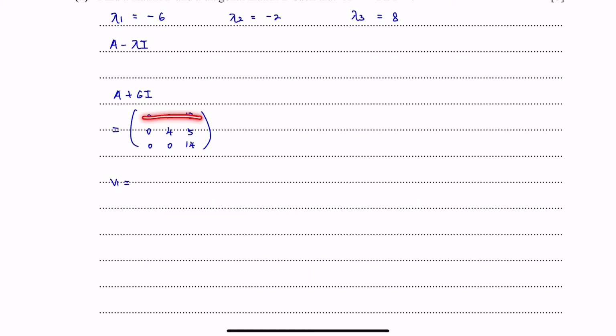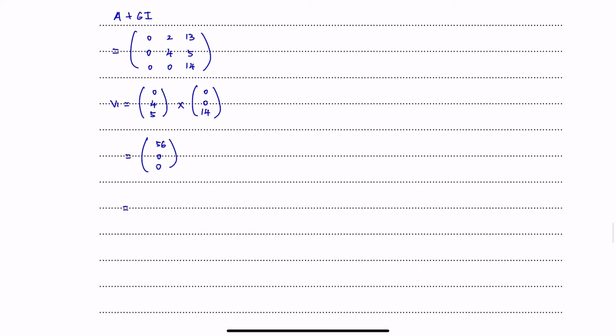Maybe we can take this cross this, or this cross this. I'm going to take these two, it looks easier. So 0, 4, 5 cross with 0, 0, 14. The answer would be 56, 0, 0. And we can take the 56 out. So the first eigenvector would be 1, 0, 0.